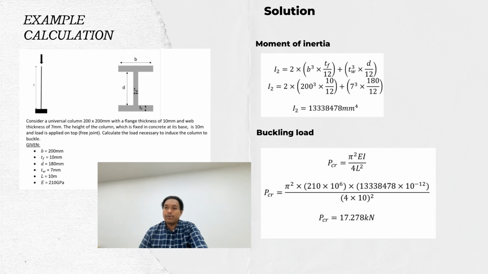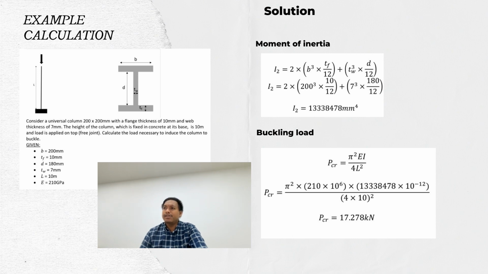TW for web thickness is 7 mm. L for the length of column is 10 meters. E for Young's modulus of the structure is 210 GPa.